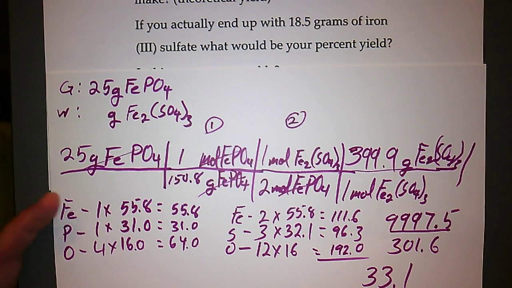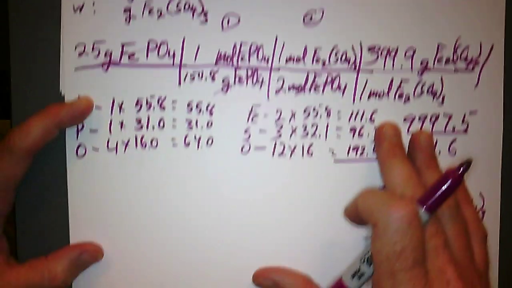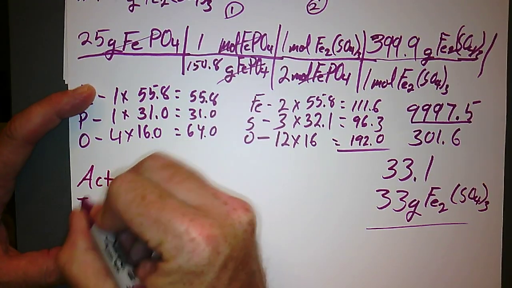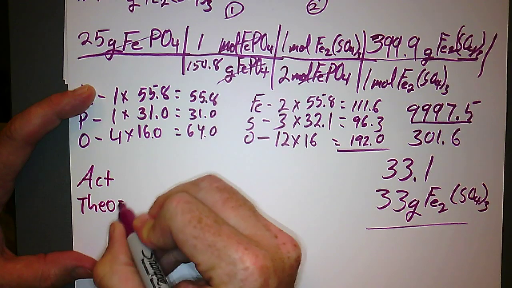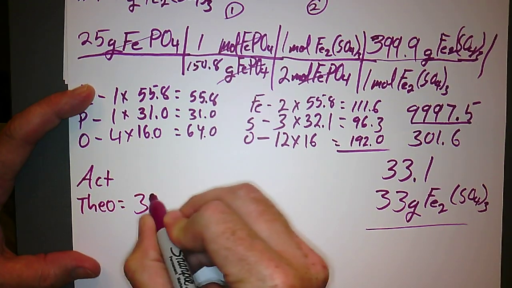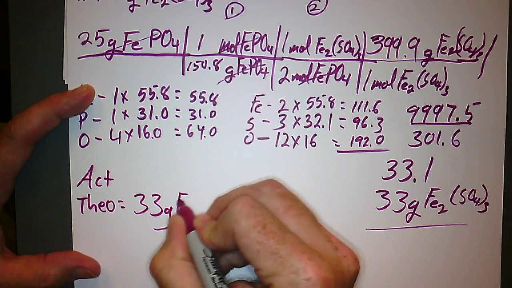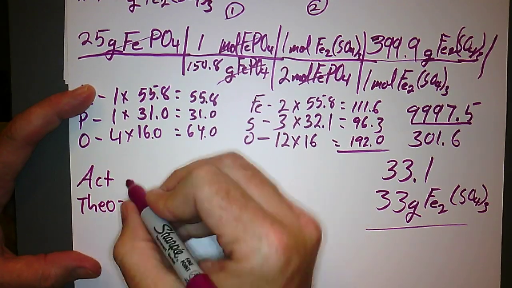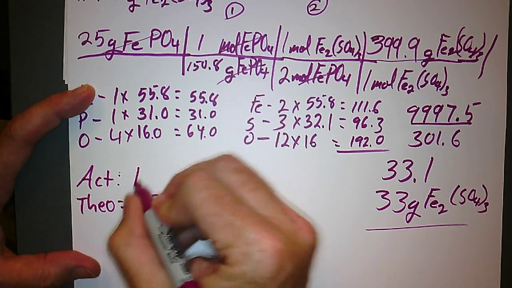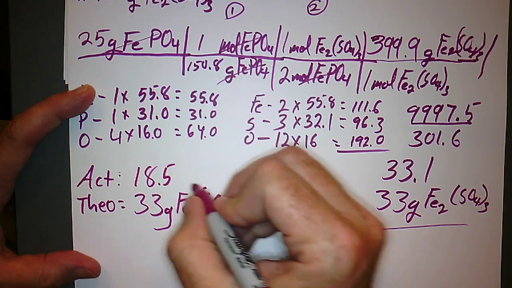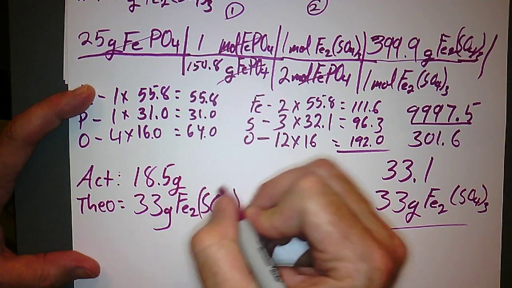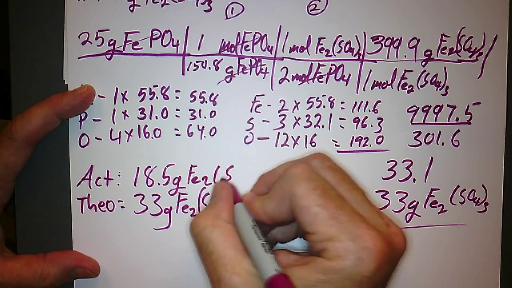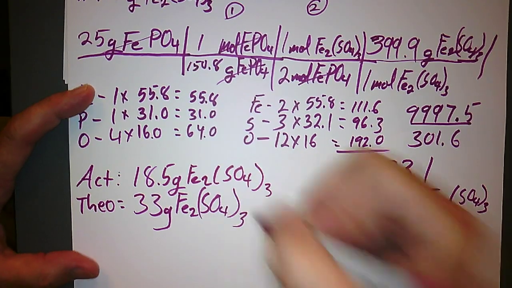Okay, so this is where now we're doing percent yield. We're going to write down actual and theoretical. All right, theoretical is what I just got, 33 grams Fe2(SO4)3. And what we actually got from the information was 18.5 grams Fe2(SO4)3.